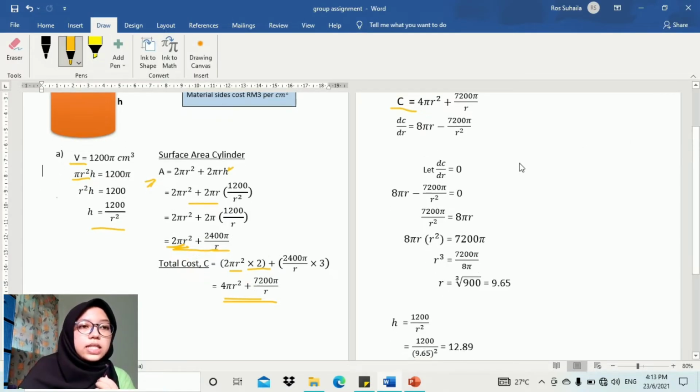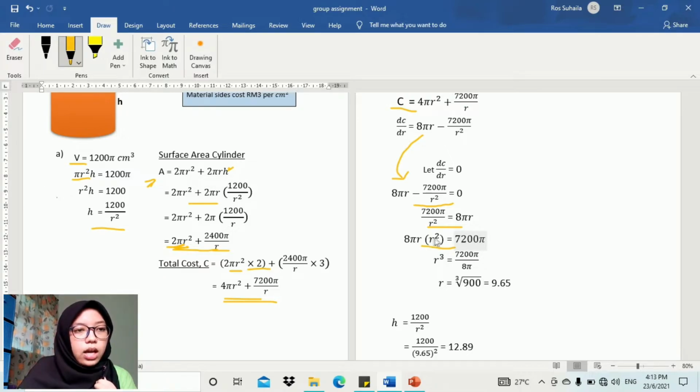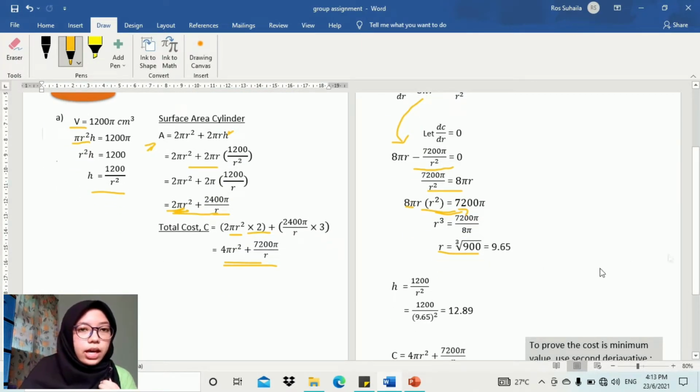And we must let dC/dr equal to 0. So with this, we can find r. So we substitute dC/dr equal to 0 here. And we calculate it. We multiply by r. We get r³ here. And the 8 pi, we move to the right side. And we calculate here, and we get r equal to 9.65.